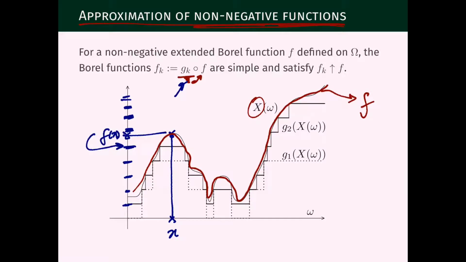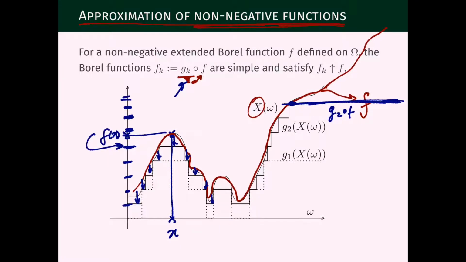So all this will be rounded down to the closest value from below, except that here, if the function continues increasing too much, it will be kept at this value because this is the largest value that g2 can take. So this is g2 composed with f.